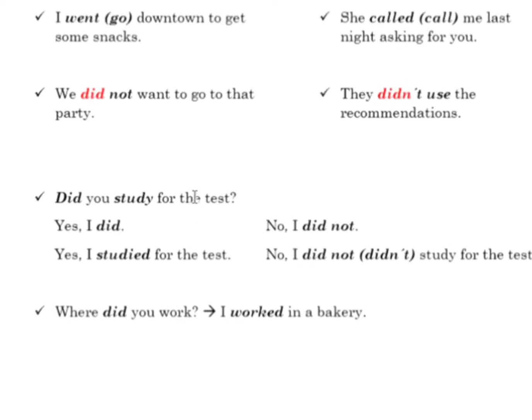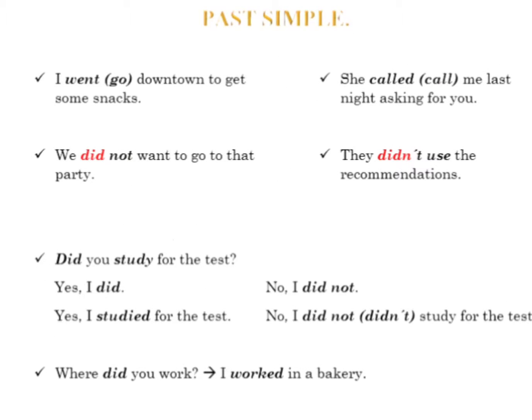Now questions work in this way, like did you study for the test? In this case we use the auxiliary form, the subject, the verb, and the rest of the sentence. For example, yes I did, or yes I studied for the test. Notice that in this case the verb is in past. Or no I did not study for the test.